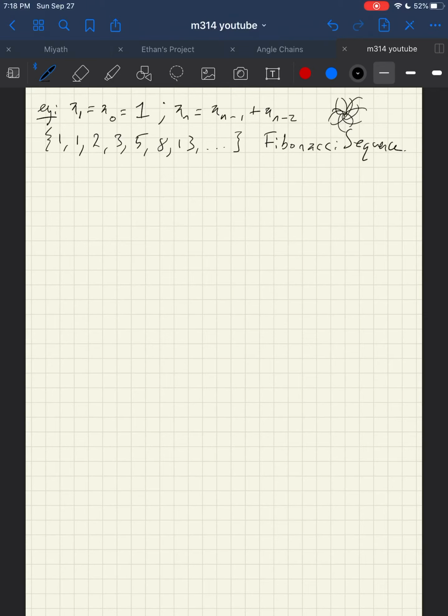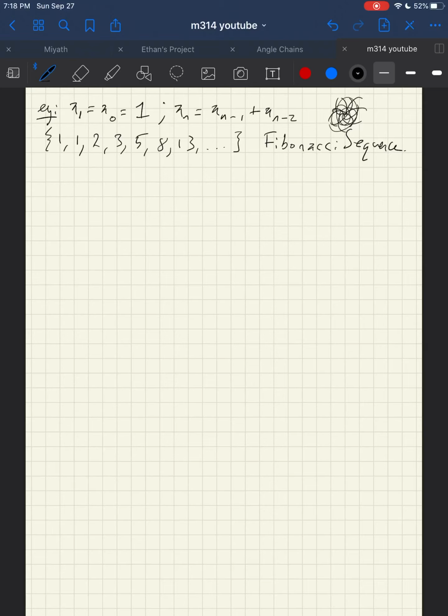Well, if you have some number of spirals that are counterclockwise, then you're going to have another number of spirals that are clockwise, and both of those numbers will be consecutive numbers in a Fibonacci sequence. Most of the time, not all the time, and I don't even know if I drew the right number of spirals here, but that's kind of the idea.